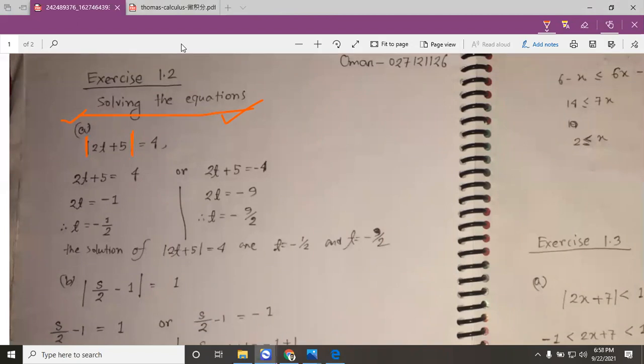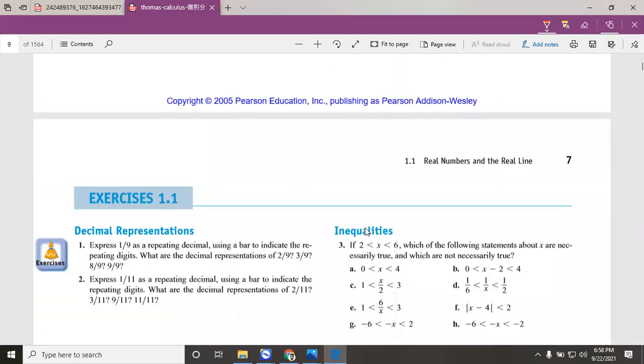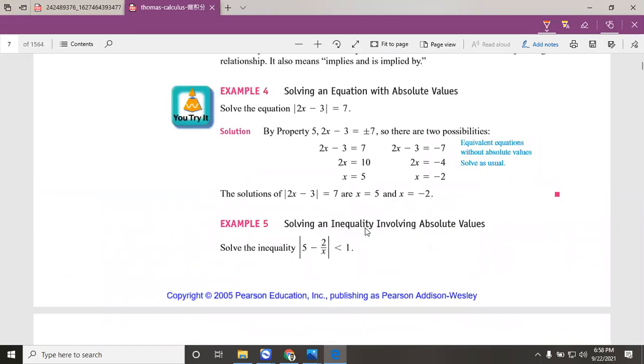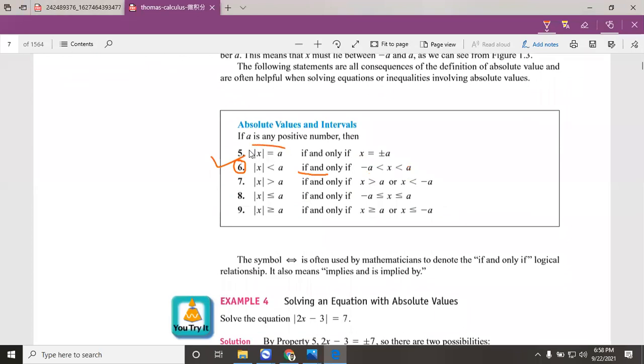Let me go to the Thomas calculus. Okay. So absolute value. There are some particular rules for absolute value. Okay. So the modulus of x will be a if and only if the value of x is equal to plus or minus a.